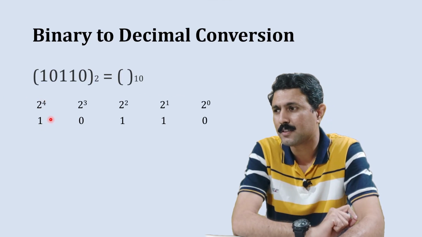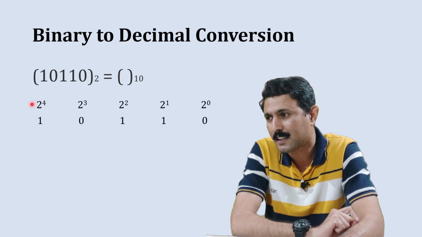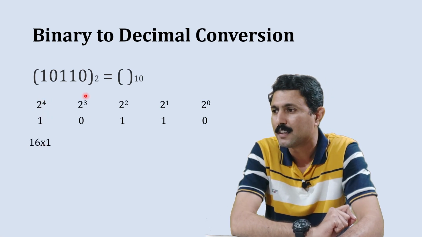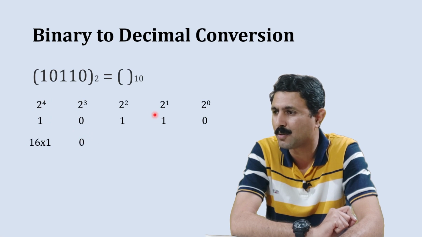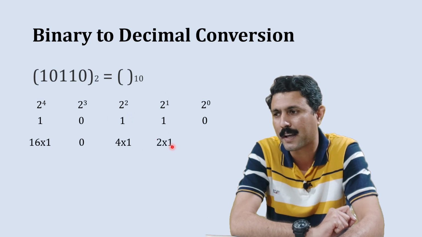The next step is to multiply that weightage with that binary digit. Here 2 raised to 4 means 16, so 16 multiplied by 1. 2 raised to 3 means 8, 8 multiplied by 0, that is 0. 2 raised to 2, that is 4, 4 multiplied with 1. 2 raised to 1, it's 2, 2 multiplied with 1.